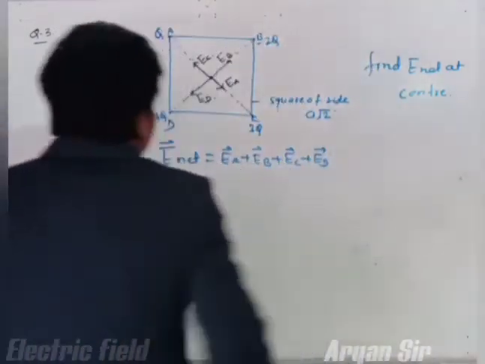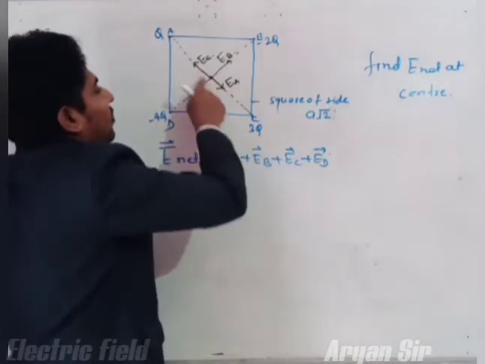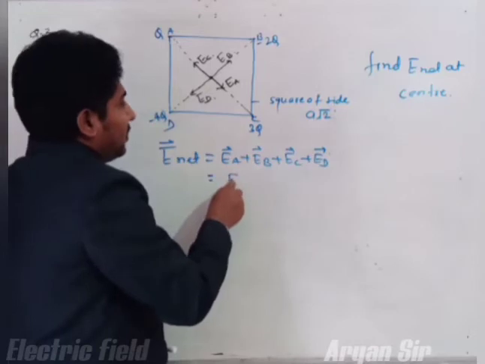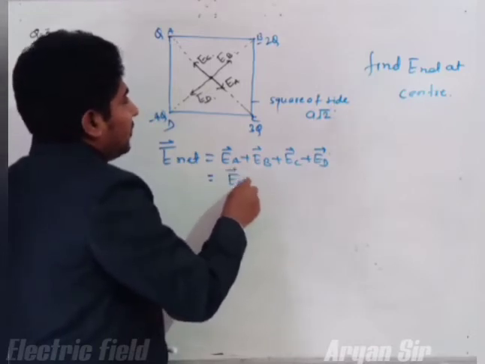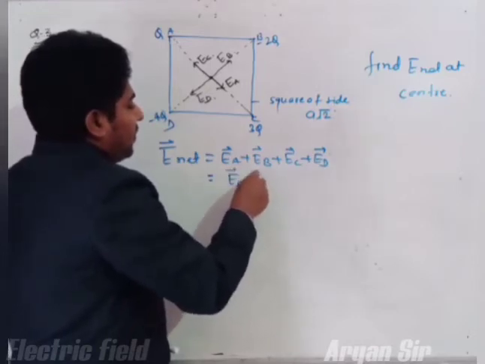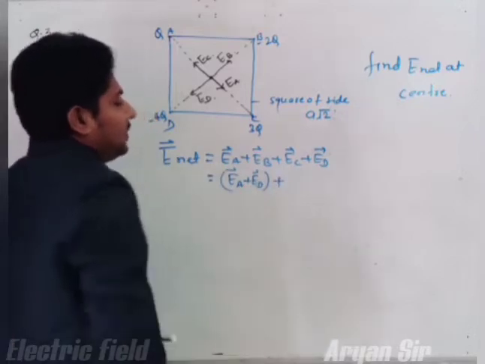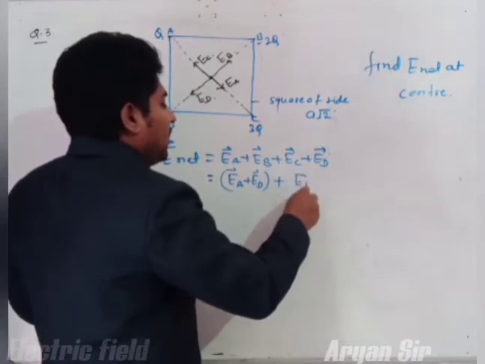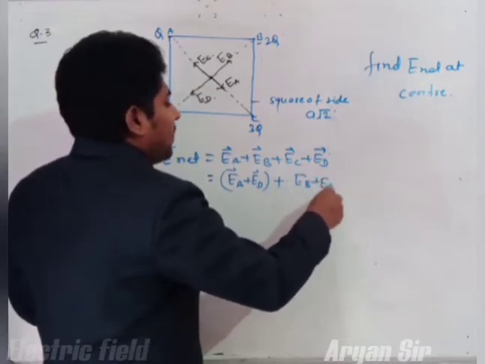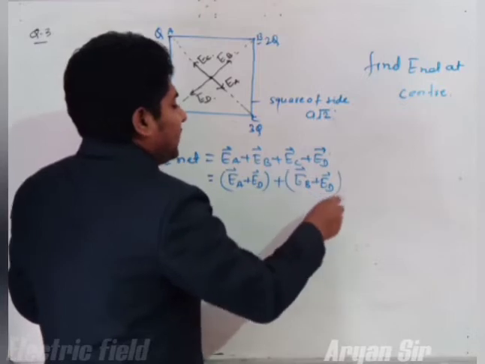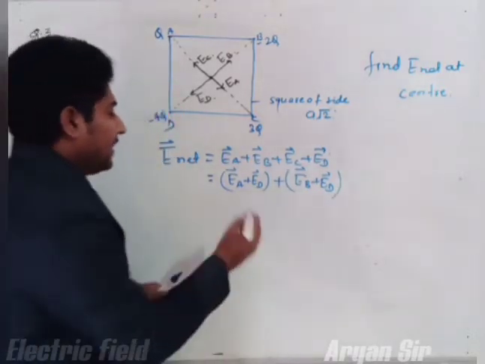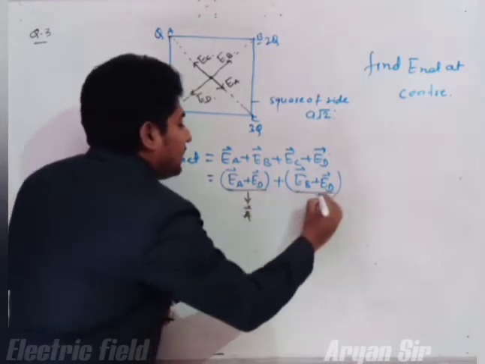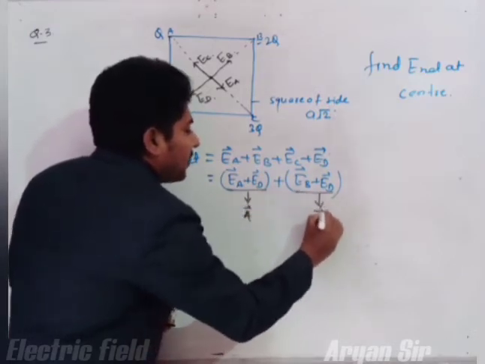See, these two vectors are collinear. So make a pair of collinear vectors: EA vector plus EC vector, and EB vector plus ED vector, right? Let this be equal to A vector and this be equal to B vector.